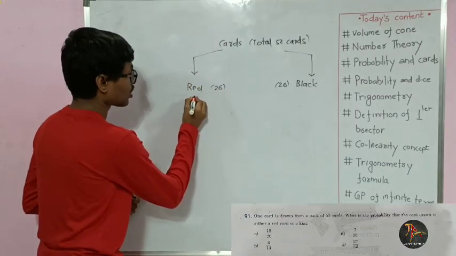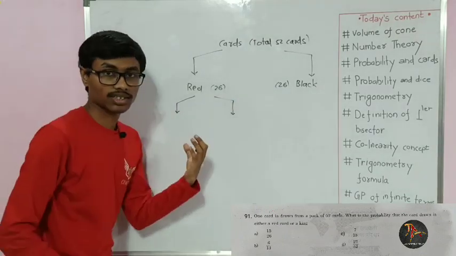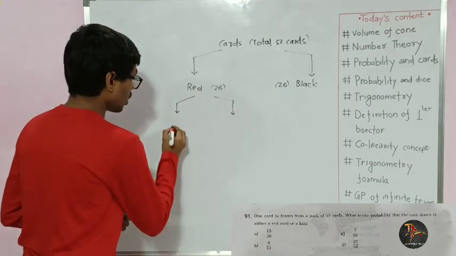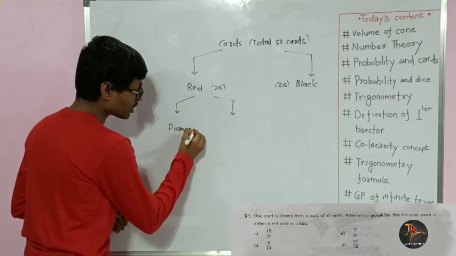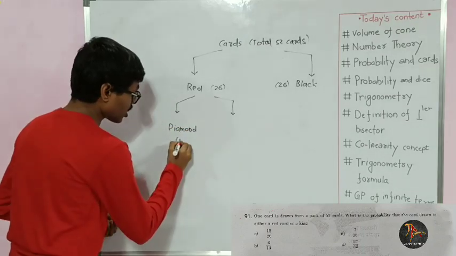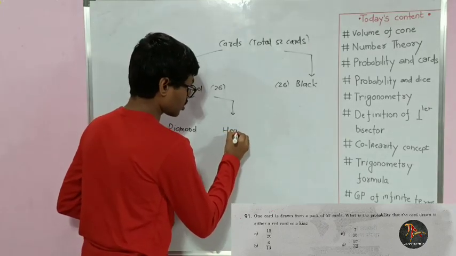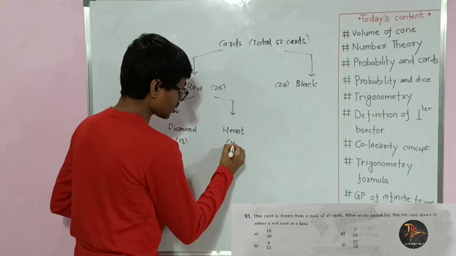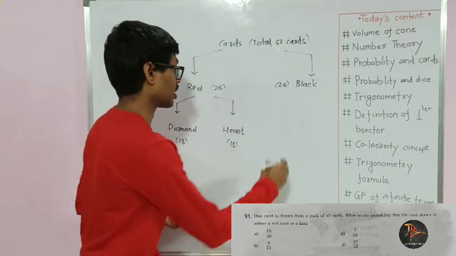Now, red cards are again divided into two. One set is diamond cards, which contain 13 cards, and the other is heart cards, which also contain 13 cards. 13 diamond cards, 13 heart cards.